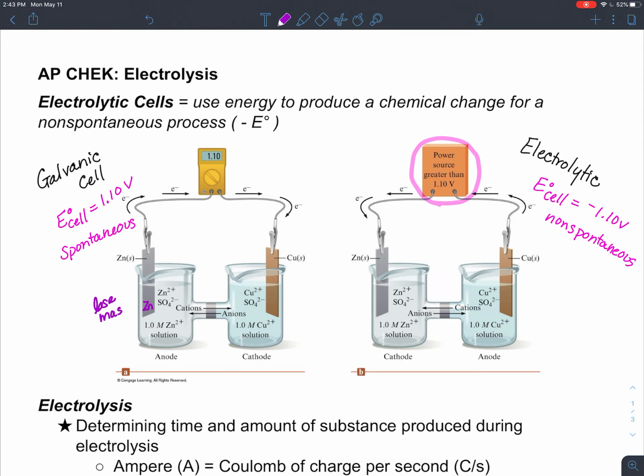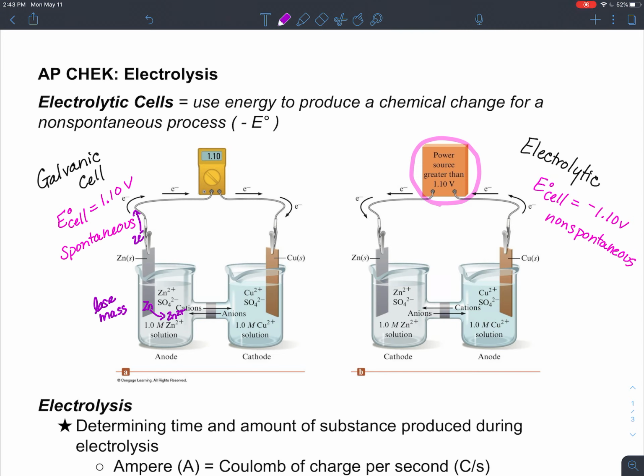We lose mass at the anode in order to send those electrons on. Basically, we deposit some Zn 2+ ions, and then we have 2 electrons that are free to move through the system.